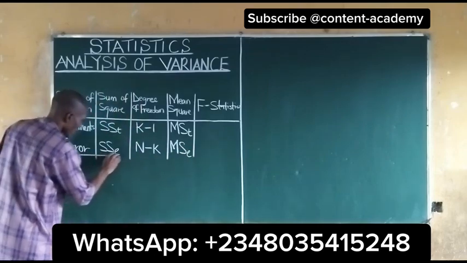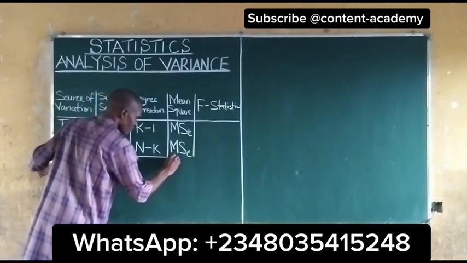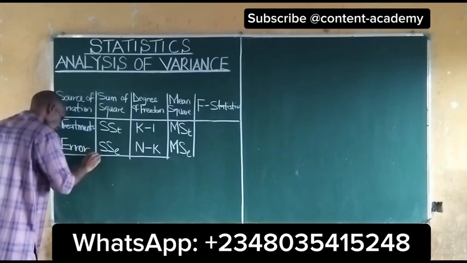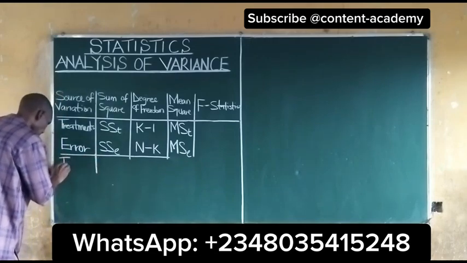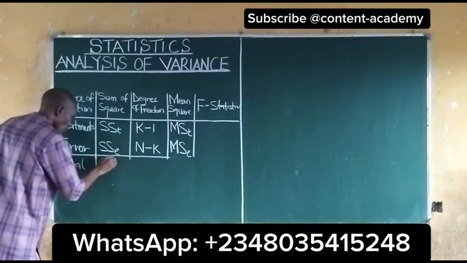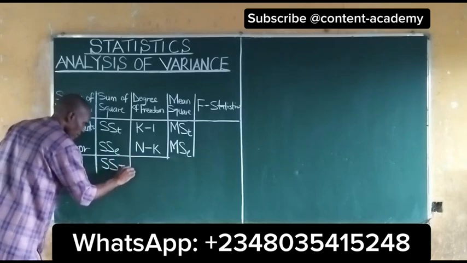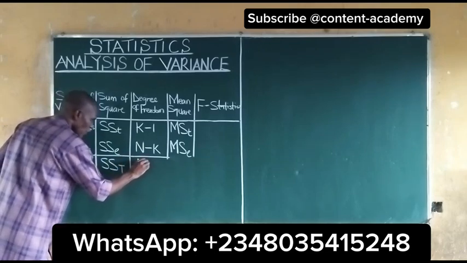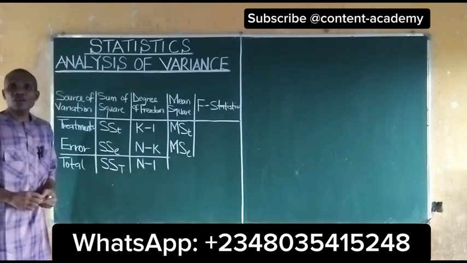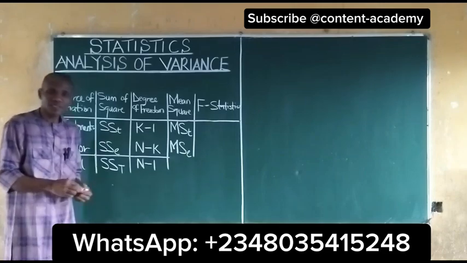Now, if we rule another line, this becomes the total. So this is sum of square total and the degree of freedom total. That is it. Now we'll define all these parameters.